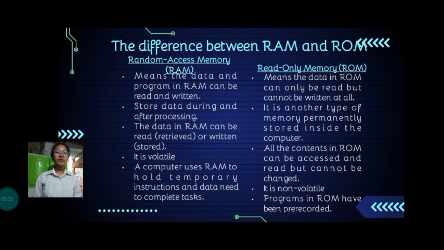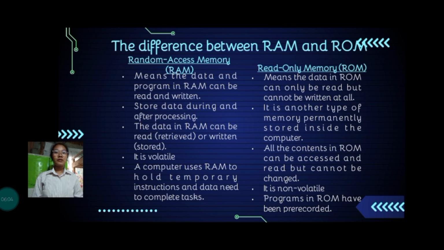It stores data during work, and it is volatile, which means that the programs are lost when the computer is powered off. Also, a computer uses RAM to hold temporary instructions and data. It enables the CPU, which is the central processing unit, to access instructions and data very quickly.